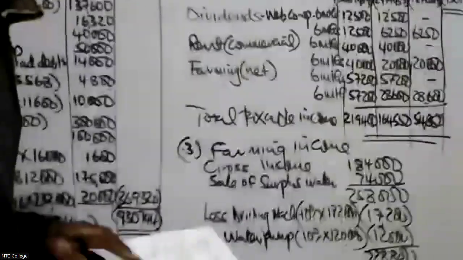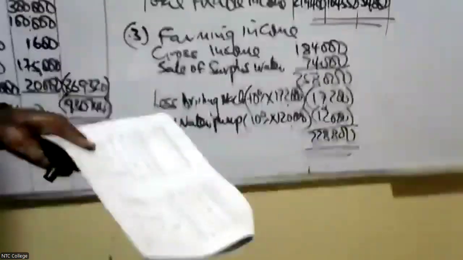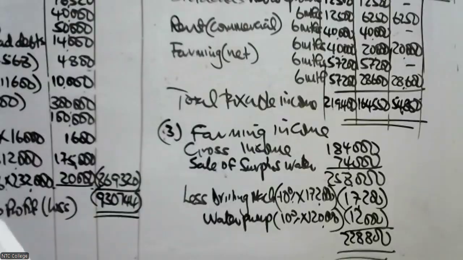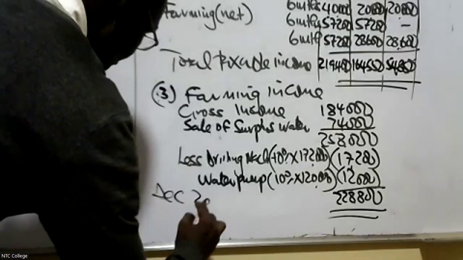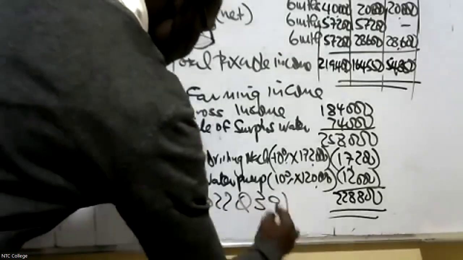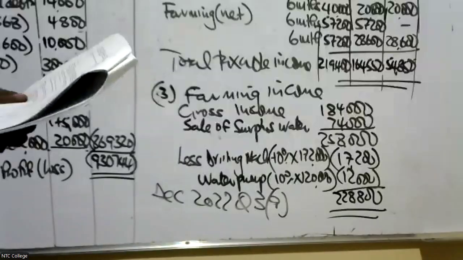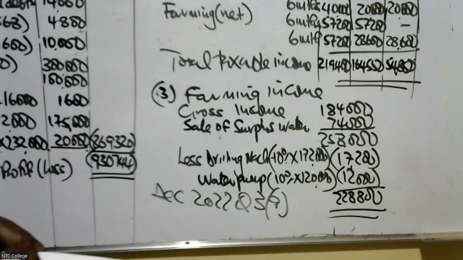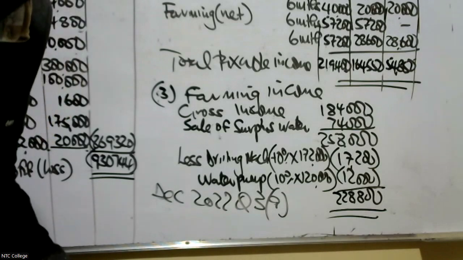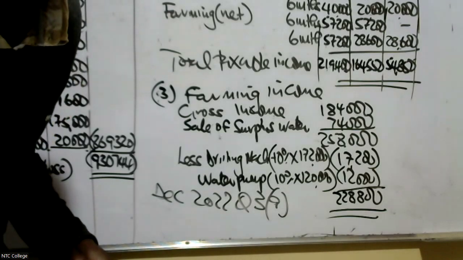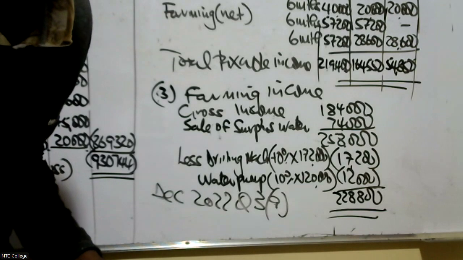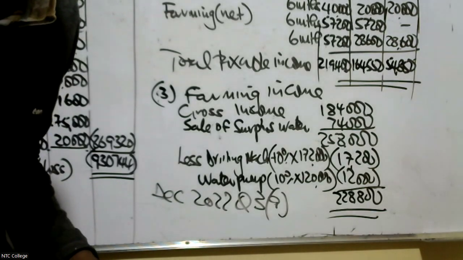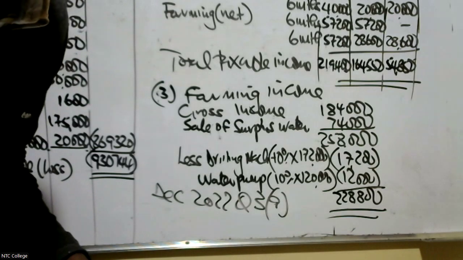Do I have space? Let me write it at the very bottom. December 2022, question 3A, is called A, B, and C partnership. But that one is about retirement. Just download from CASNEB.